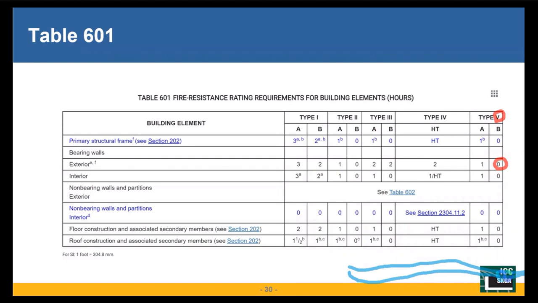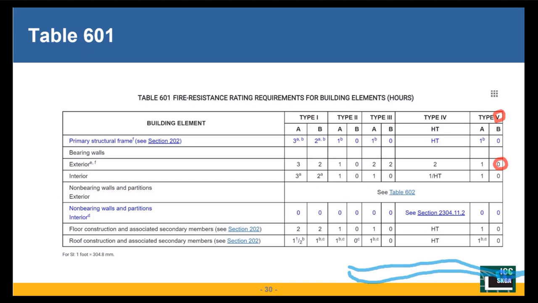And so basically, it also identifies the fire resistant rating required to qualify for a type of construction. So once you say that you're going to do type 1A, then all the elements must follow this table.